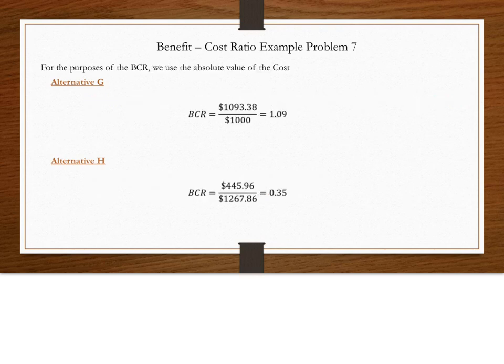Now, we simply take a ratio of our benefits to our costs. And we find that for alternative G, we have a benefit cost ratio greater than 1, meaning the benefits outweigh the costs, while alternative H has a benefit cost ratio less than 1, meaning the costs are greater than the benefits. So in this case, you would select alternative G.